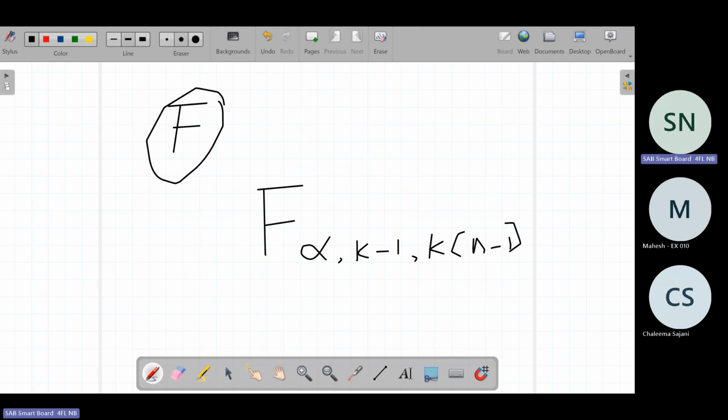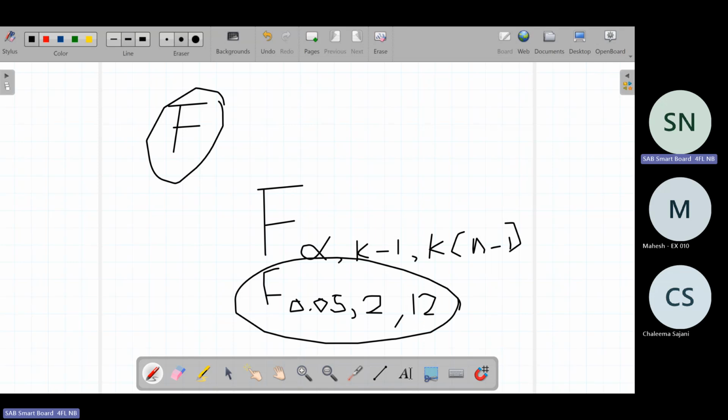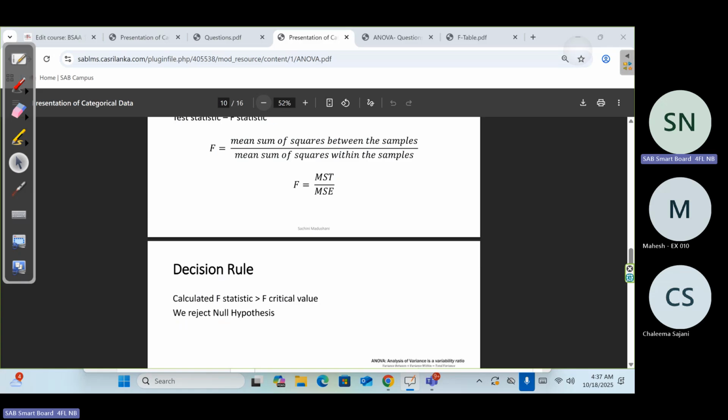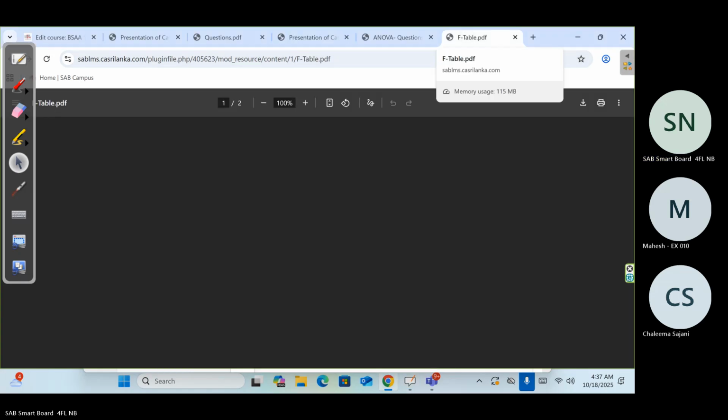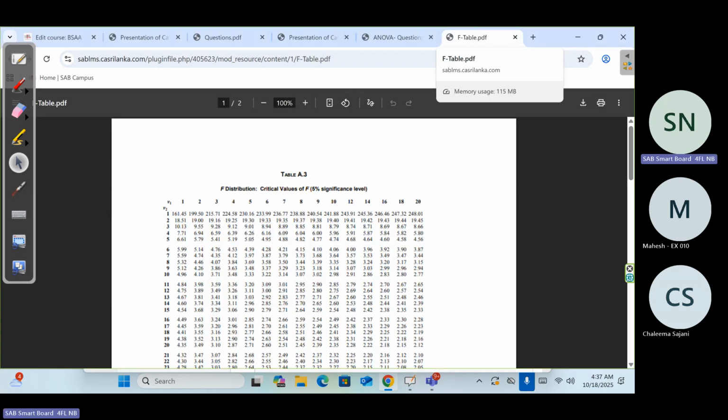Understood? Then we assume the level of significance is 5%. Then from the previous example, K minus 1 is 2. Okay? K into N minus 1 is 12. Then using these, we can find out the critical value. Then take the F table, everyone take the F table.